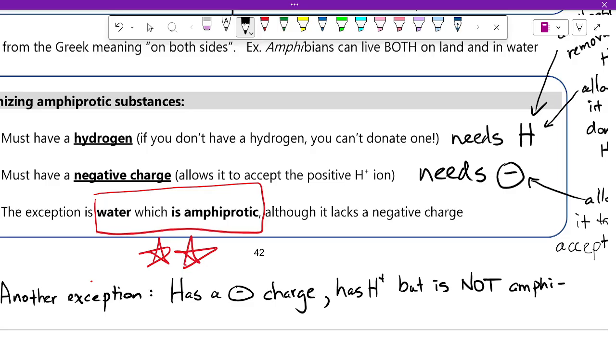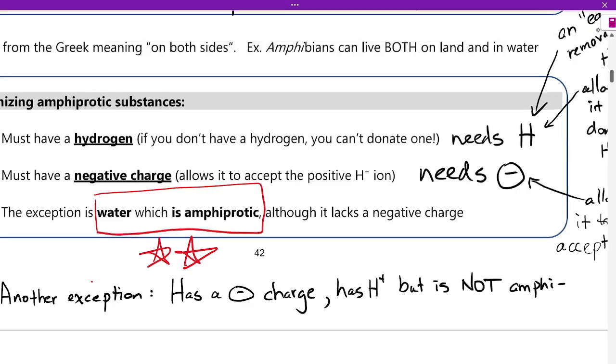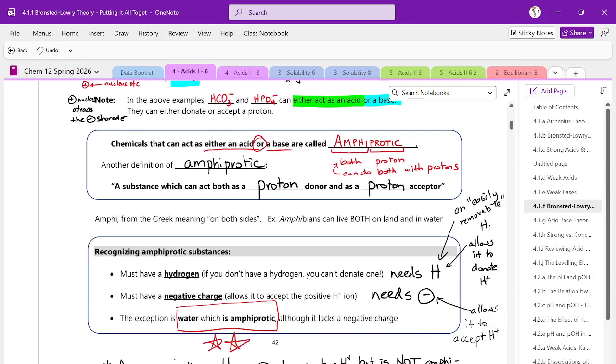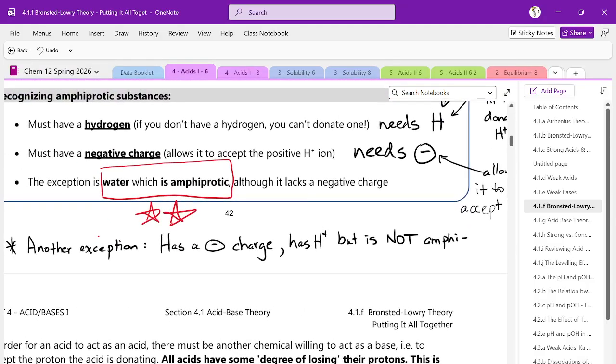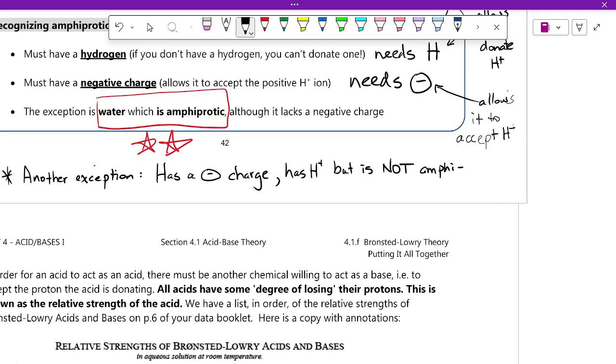And I would like you to go take a look on page 6 of your data booklet. And I didn't bother writing protic because I got lazy. See if you can find something that has a hydrogen, has a negative charge, but is not amphiprotic. It is not able to act as both an acid or a base.